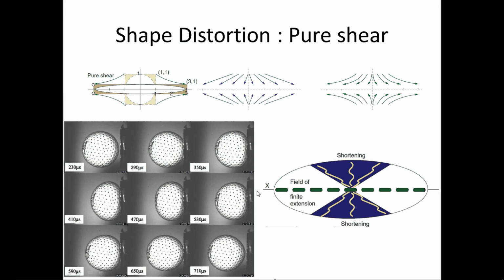Similarly, if you have this x-axis, before deformation and after deformation, they will not rotate. So this kind of deformation is called coaxial deformation. In coaxial deformation, there will be no rotation of these axes.